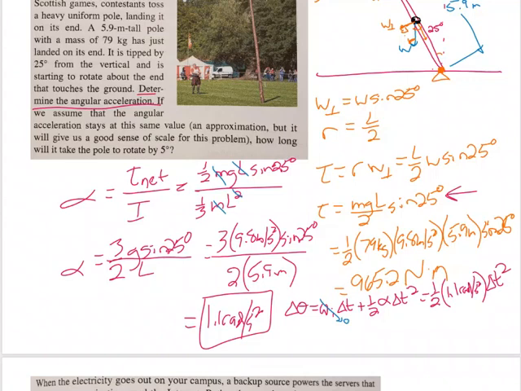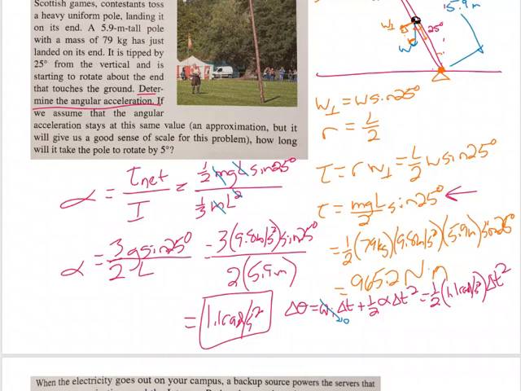So how many radians is it for 5 degrees? We'll just multiply 5 by pi over 180. Are you reducing? Because you're in pre-calculus right now? There's 2 pi radians in 360 degrees, which reduces.